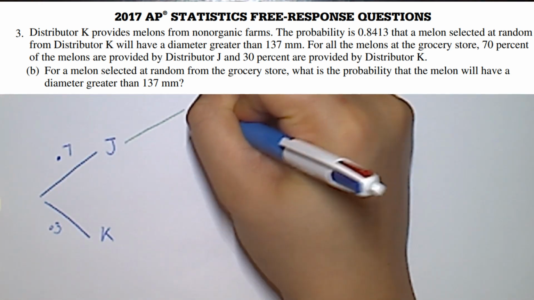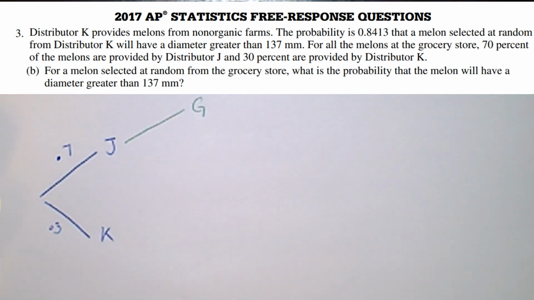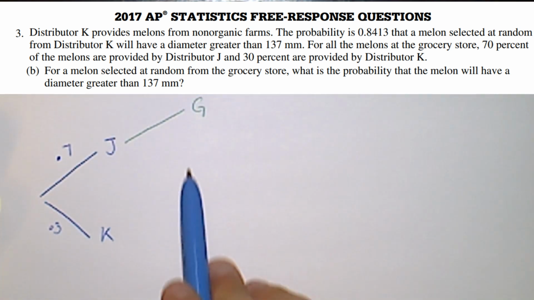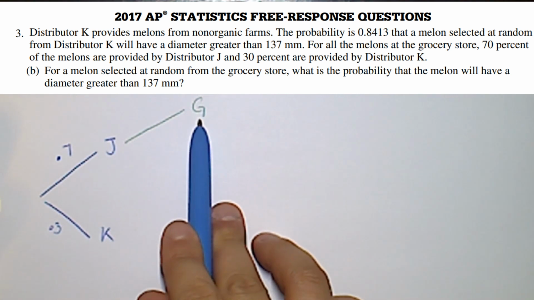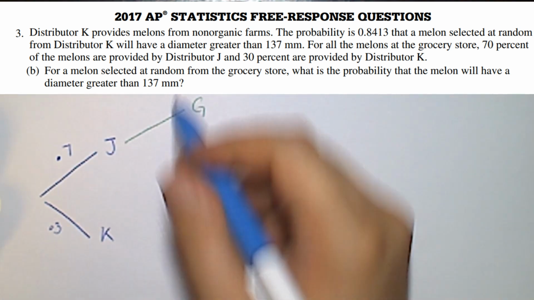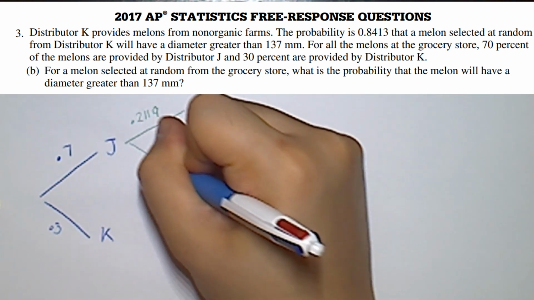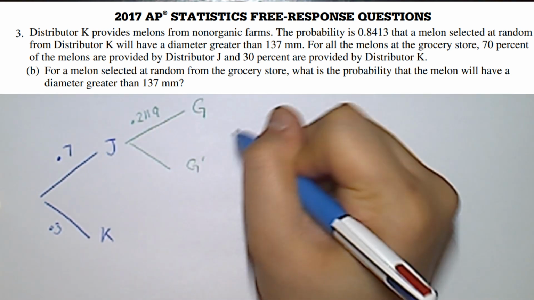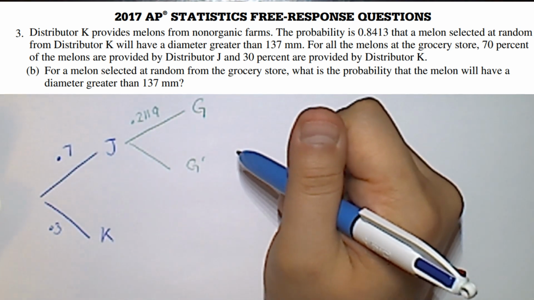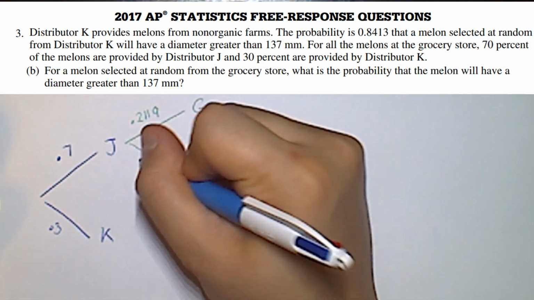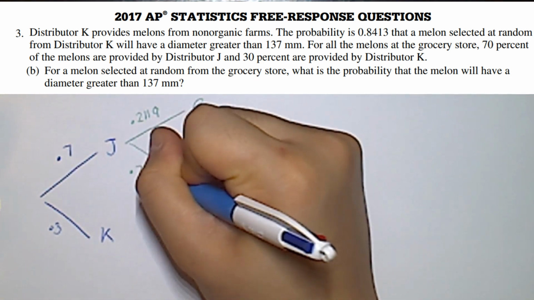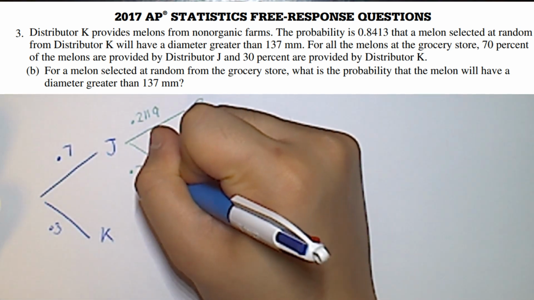Now from part A, we were able to figure out that the probability of a melon's diameter greater than 137 was 0.2119. So that means not greater than 137 has to be the complement of that, which comes out to be 0.7881.